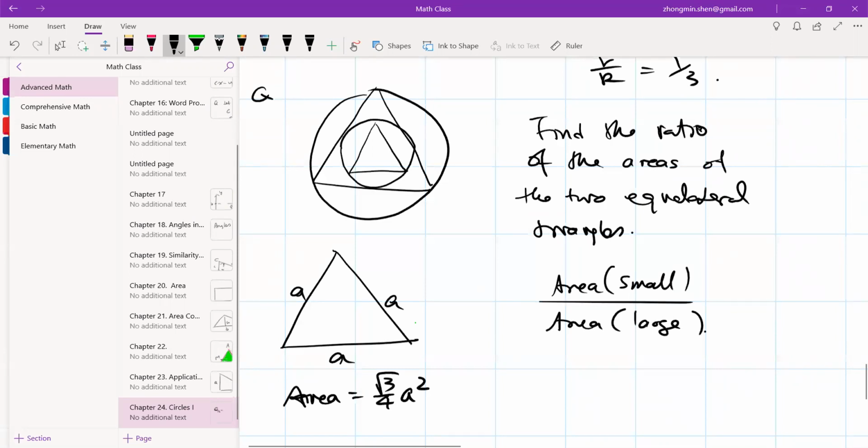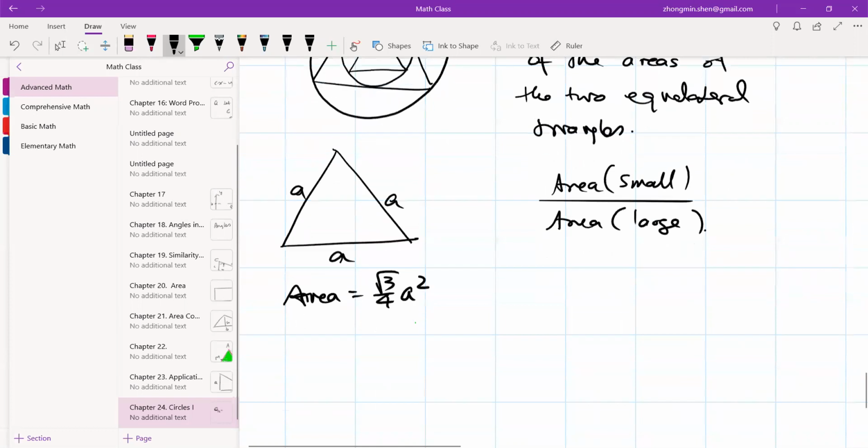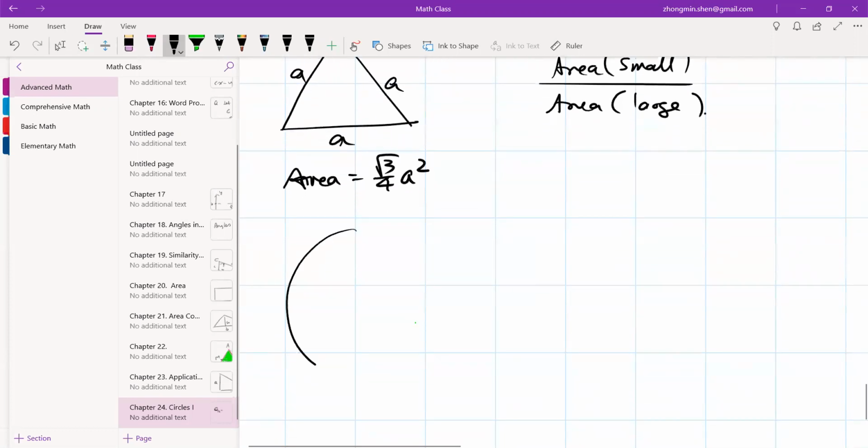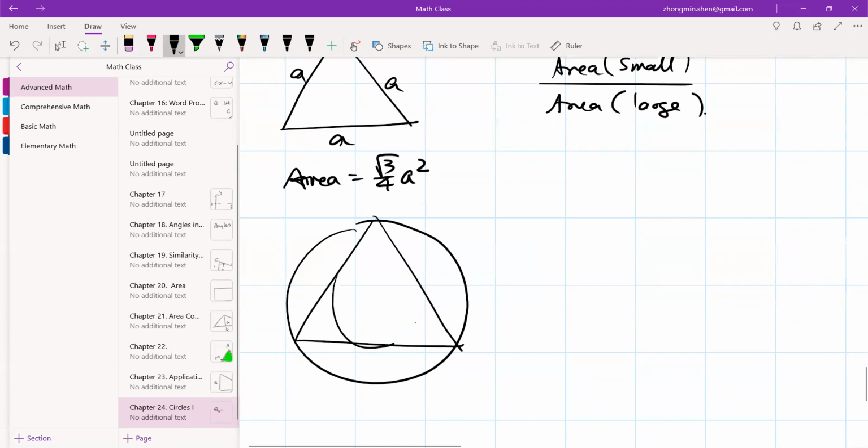How do you figure this out? Of course, you have to use the property of circles, right? Yeah, let's go back to here. Let's draw the picture. I'm going to draw the important connections.